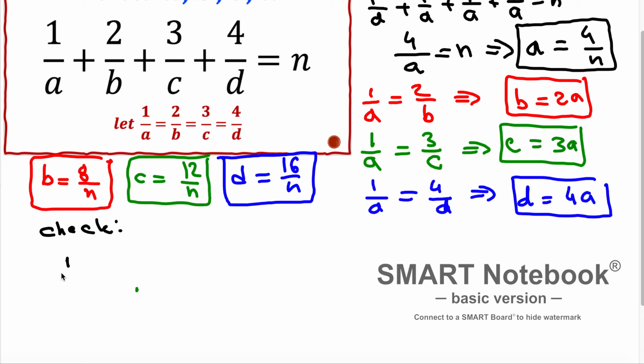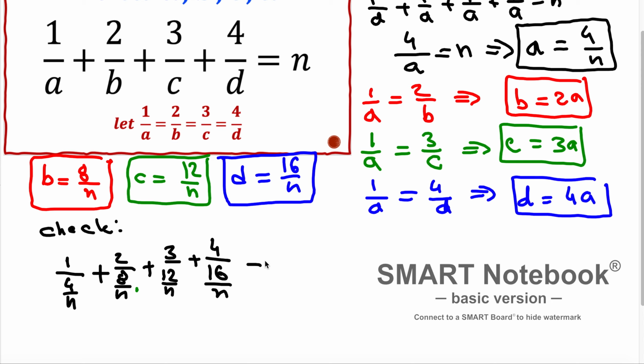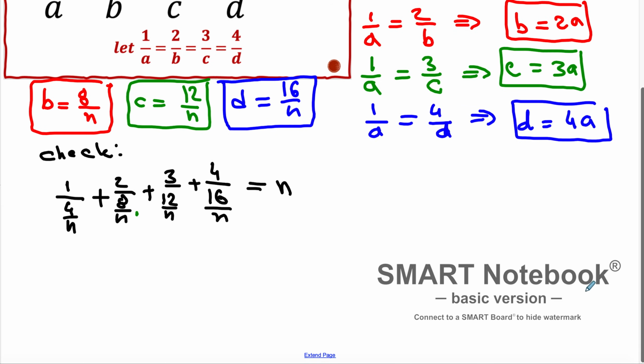So 1 over A, instead of the A, I'm plugging 4 over N. Here is a plus 2 divided by B. Instead of the B, I'm plugging 8 divided by N. And instead of the C, I'm plugging 12 over N. And instead of the D, I am plugging here 16 divided by N. Everything here is equal with the N. And let's see what we can find.